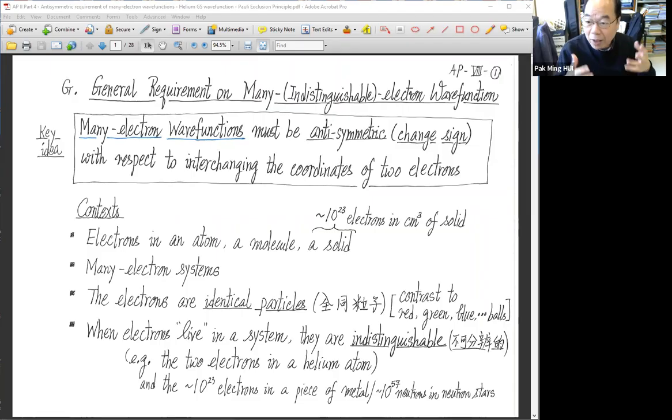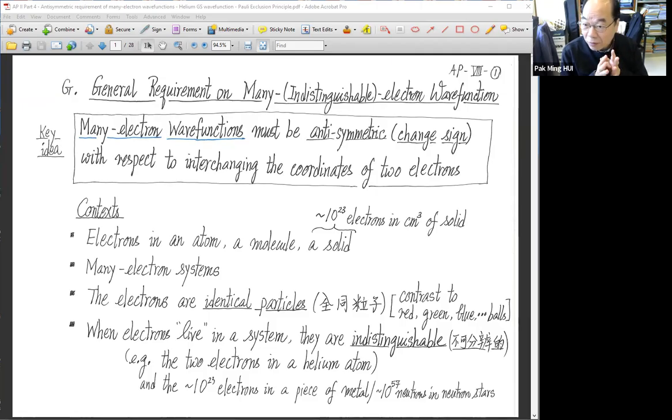But last time we developed some tools to reduce such an n particle problem into independent particle problems, but with some very fancy self-consistent scheme. So the second part will be to see how we can achieve this antisymmetric requirement within these single particle wave functions.